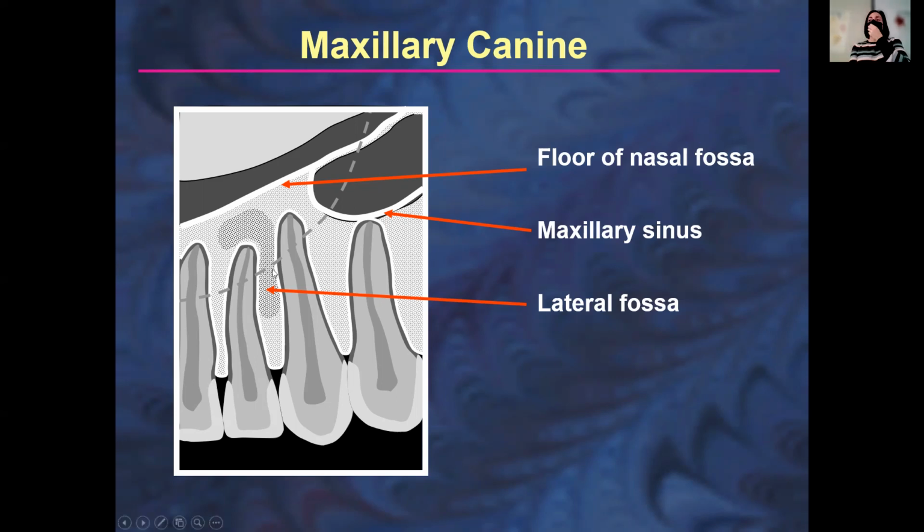And then the other thing that you see oftentimes is a lateral fossa between the lateral and the canine. So the canine makes that canine eminence, and then it dips down and you have that lateral fossa. So that's a thinned out area of the bone between the lateral and the canine.